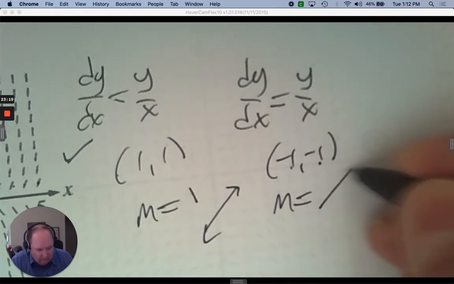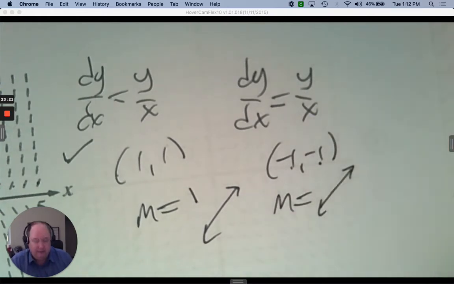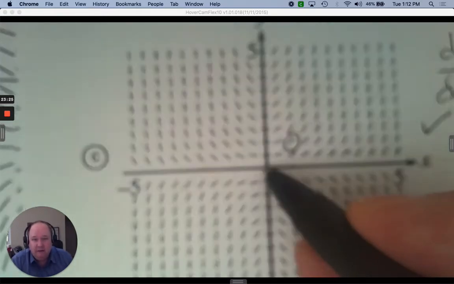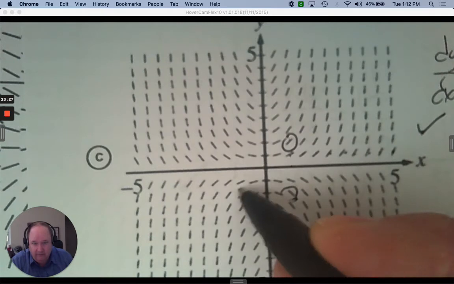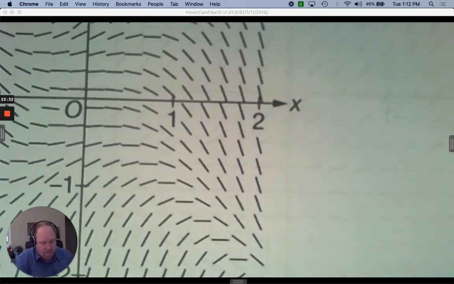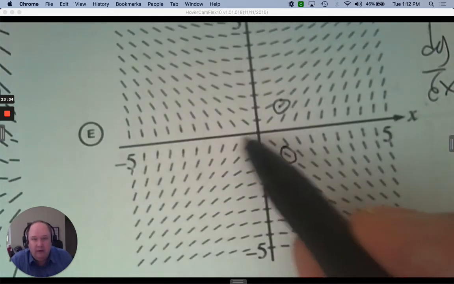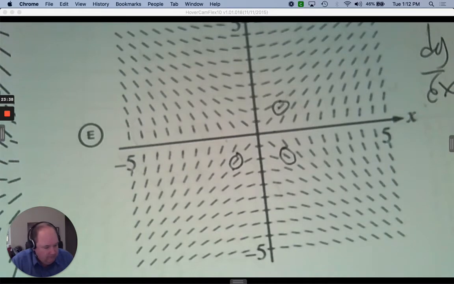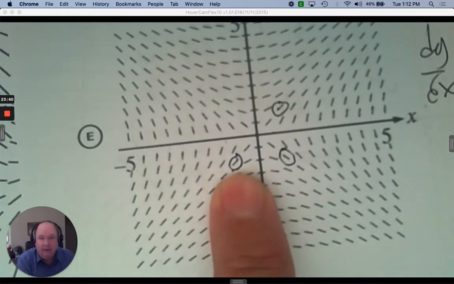So this is what the slope would look like for +1. If I go -1 and -1, is that right? That looks okay. How about the other one? If I go -1 and -1, does that look okay? Is that positive?